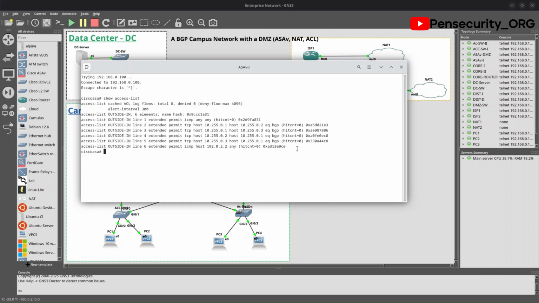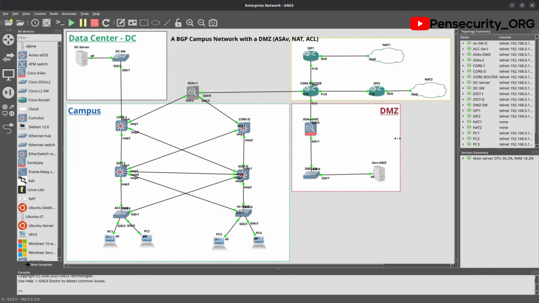But BGP is more enhanced in a large network like this. But for a little network, let's say for example a mini office, we use OSPF. So we have regular OSPF and OSPFv3 for IPv6 networks. So yes, we've done that.